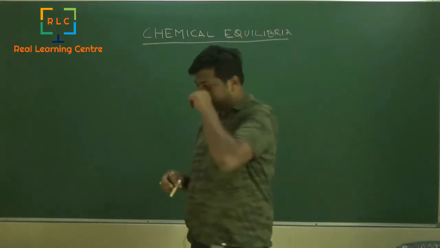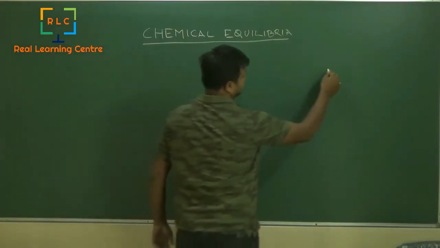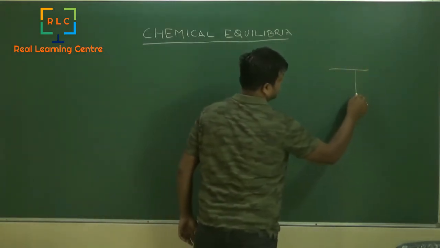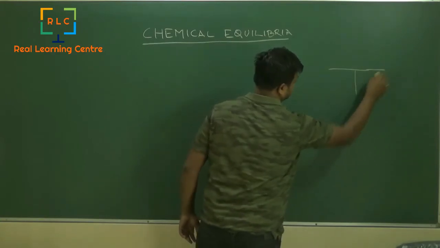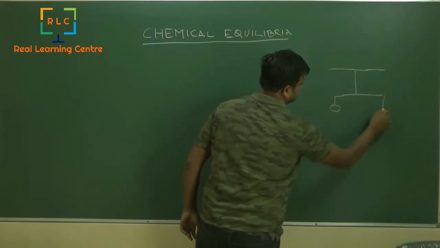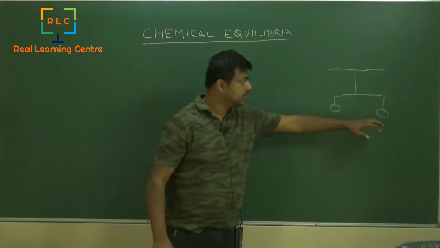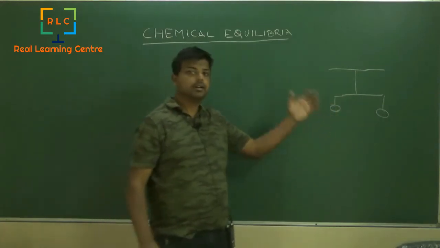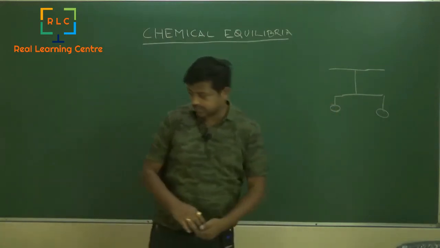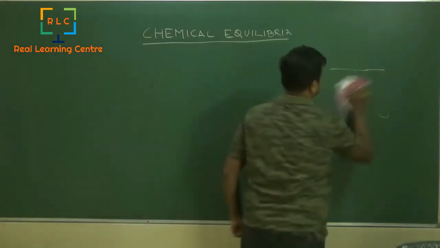Okay, so we all have seen a physical balance, which is basically, you have two parts here, and you can put things on this side or this side, and depending on which side is heavy, this will go up or down, right? So chemical equilibrium will use a similar concept.